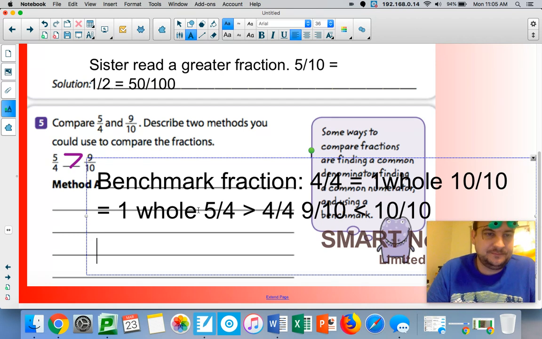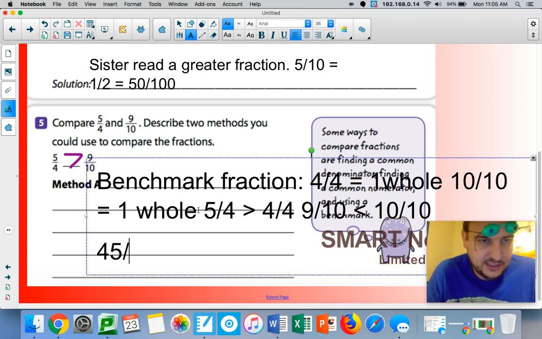Okay. Another one you could do. Describe two methods to compare. I don't know of another way to compare because I wouldn't change the denominators because there's nothing times 4 that gives 10. I guess I could change the numerators. 9 times 5 would be 45 over 9 times 4, which would be 36.